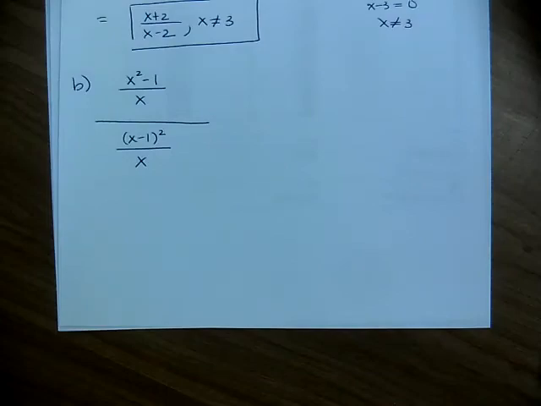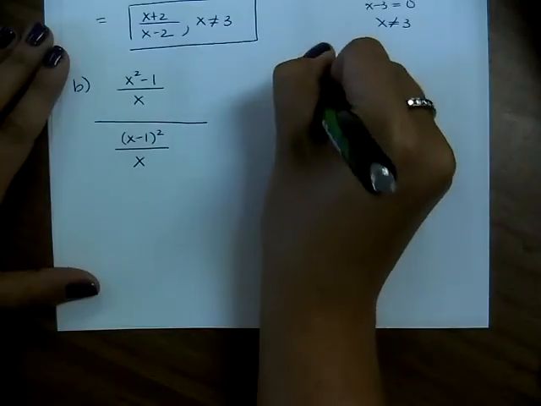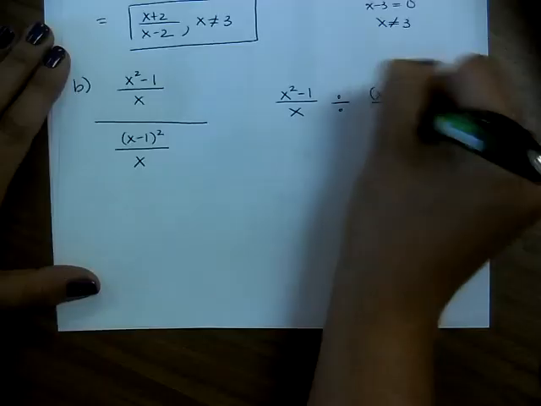So this looks intimidating. There's like a compound fraction going on. There's like 3 division bars. This is a little intimidating. But doesn't this mean x squared minus 1 over x divided by x minus 1 squared over x?